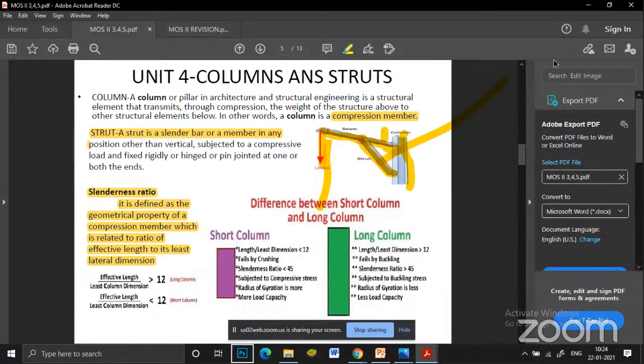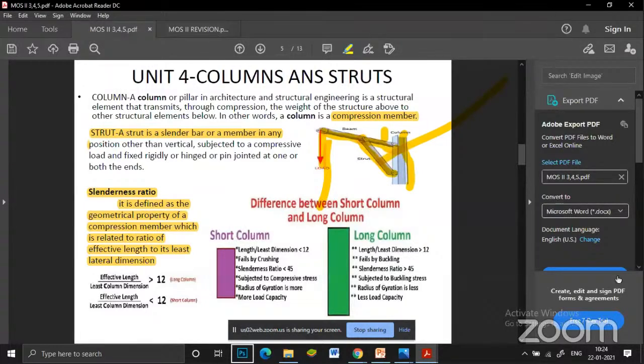To keep in mind, it is useful here: the slenderness ratio. It is the ratio between the effective length and the least column dimension, that is L by LLD, least column dimension. If it is greater than 12, then it is a long column. If it is lesser than 12, then it is a short column.